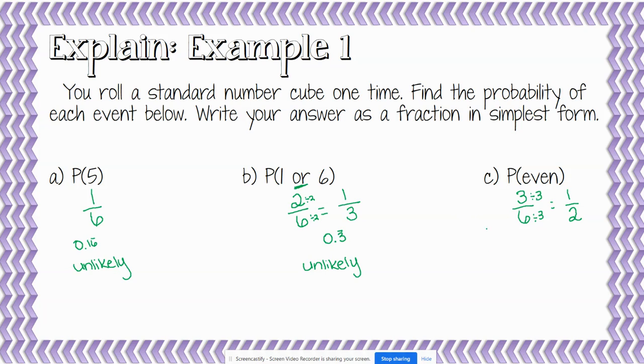So the probability of landing on an even number on a number cube is 1/2, or 0.5, which could also be turned into 50%. Since this is exactly 50% or exactly 1/2, then the probability or the likelihood of this happening is as likely as not.